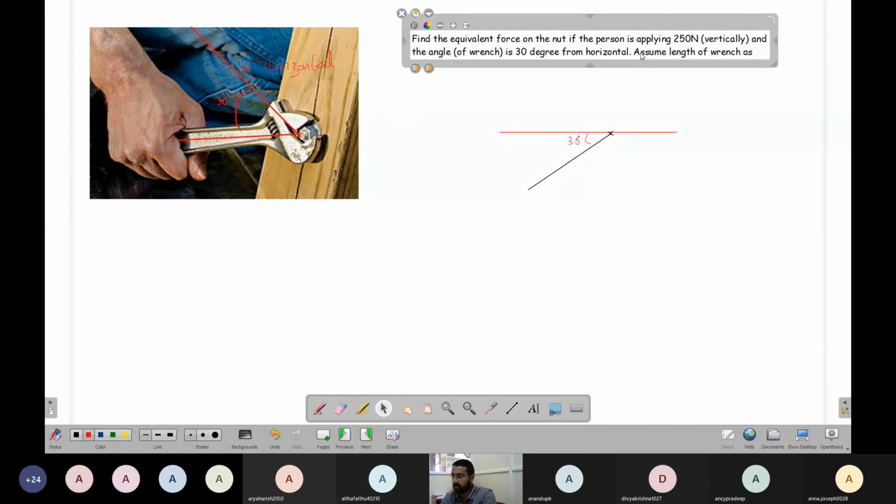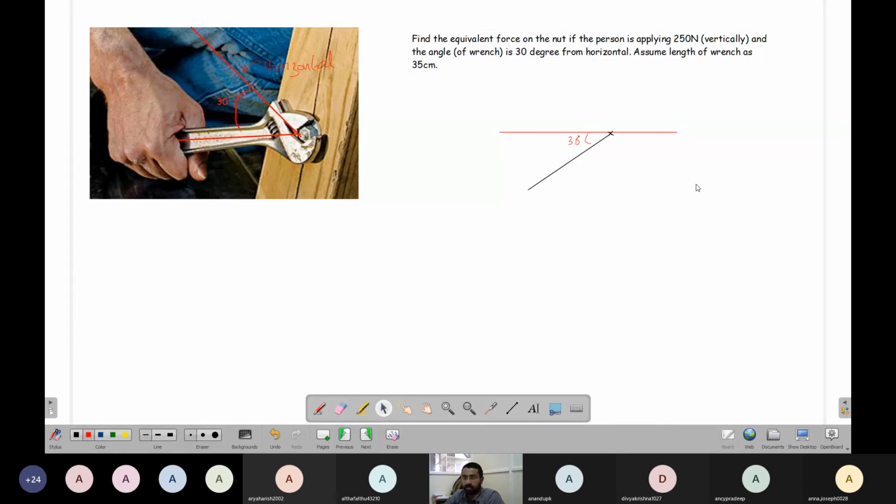Let's say that is too much, 35 centimeters. So let's say this is 35 centimeters, the length of the wrench.